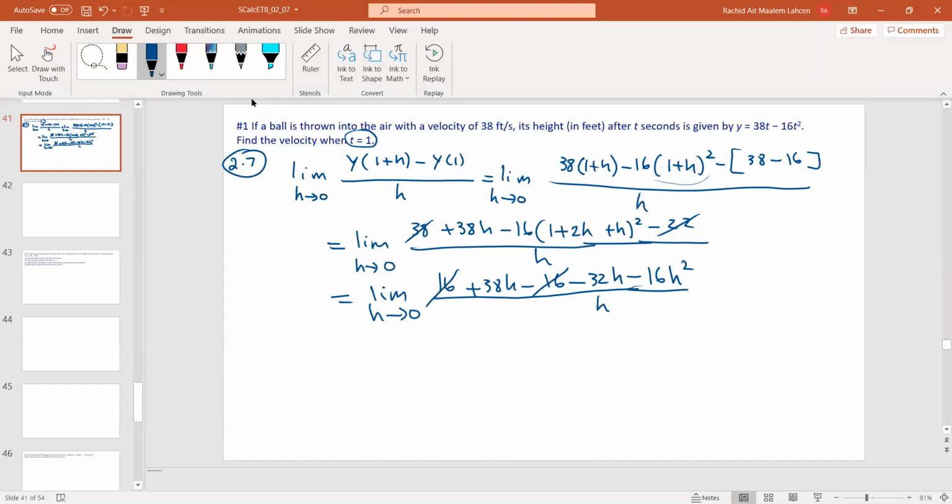and all right, 38 minus 32 is 6. Then we simplify the h, cancel it.